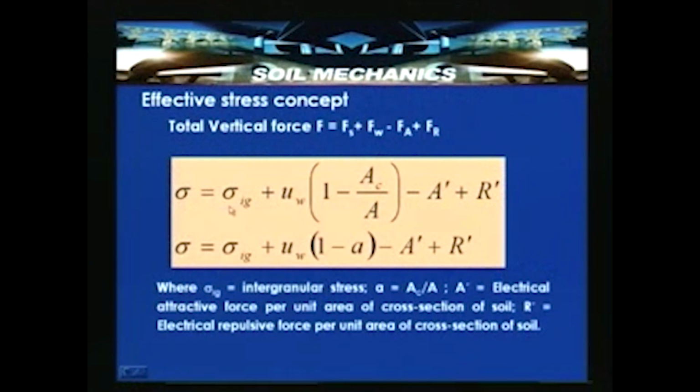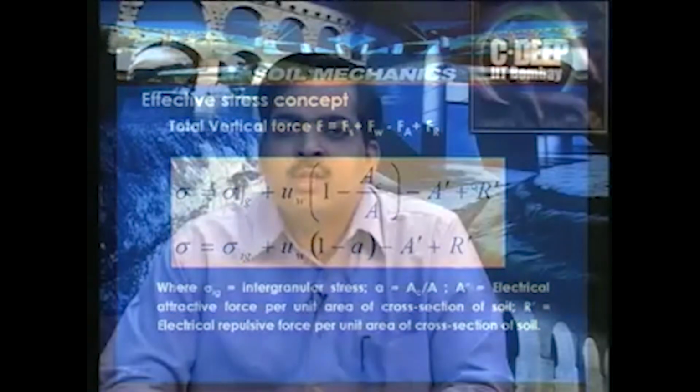Sigma is equal to sigma Ig, that is nothing but Fs by A, plus Uw into 1 minus Ac by A, minus A dash plus R dash, where A dash and R dash are the electrical attractive force and repulsive force per unit area of the cross section of the solid.